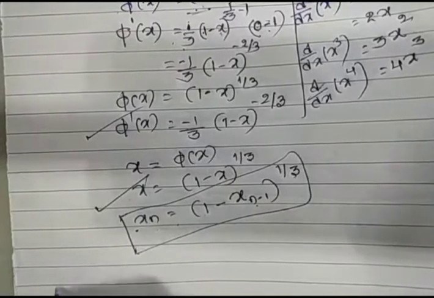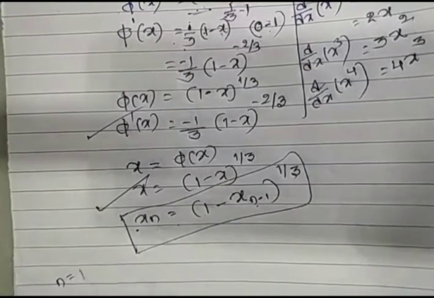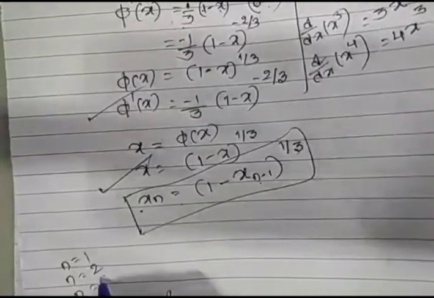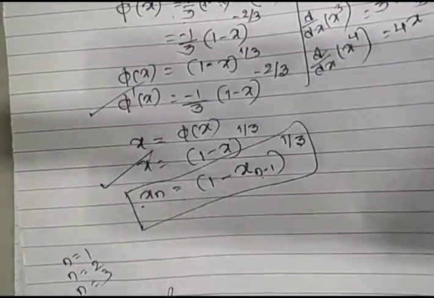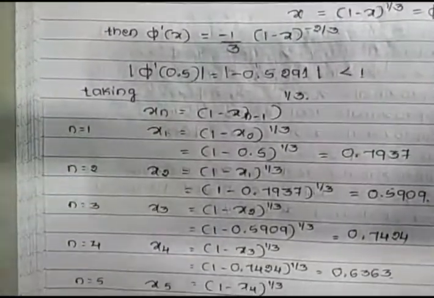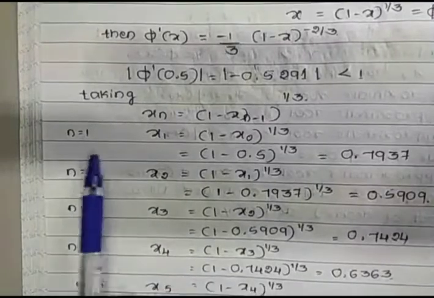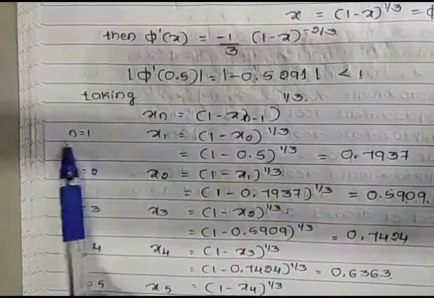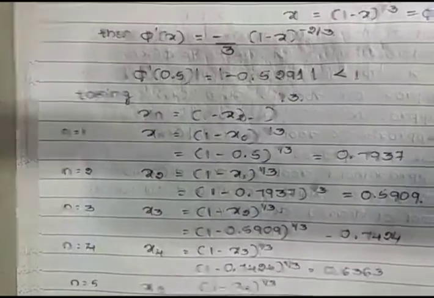Next, we have to keep on replacing the n value as 1, 2, then 3 and so on. In the question it is mentioned that we just need to find 5 iterations. 5 iterations means only 5 steps we need to solve here. For that, first replace the n value using 1.